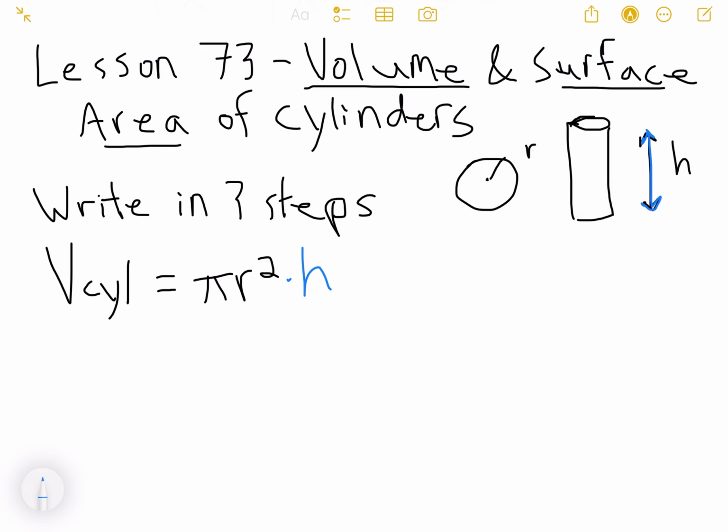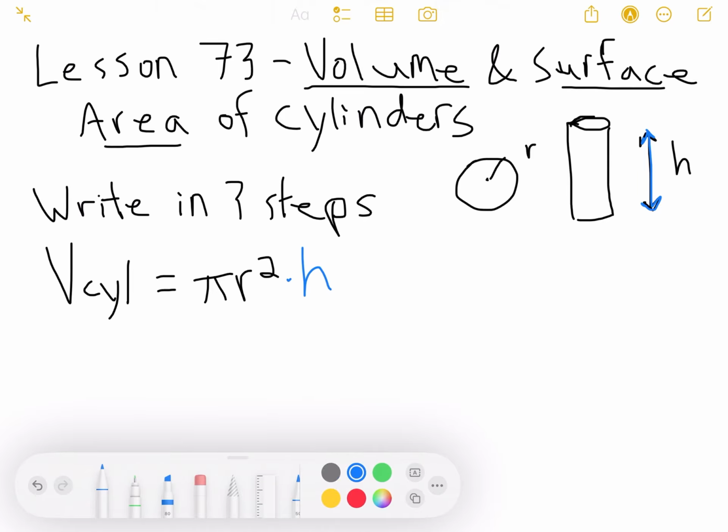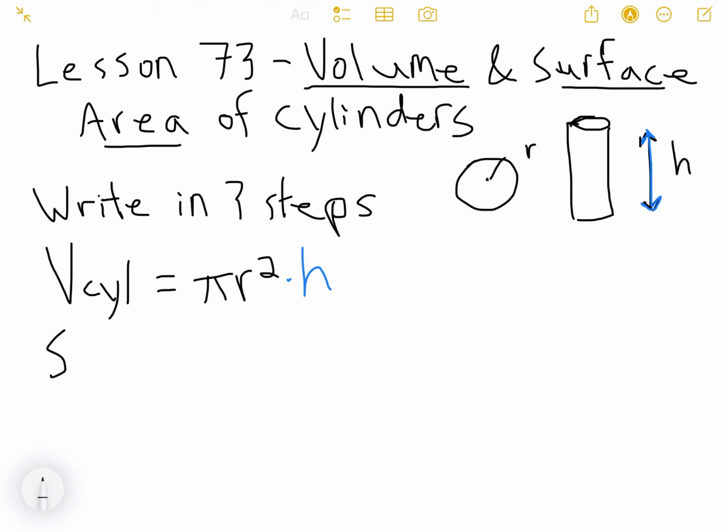And then for the surface area of a cylinder, what's different about that? Well, I'm figuring out the area of the whole surface. So my surface area of my cylinder, and we'll usually abbreviate this SA after we're used to it, is simply equal to 2 times pi r squared.